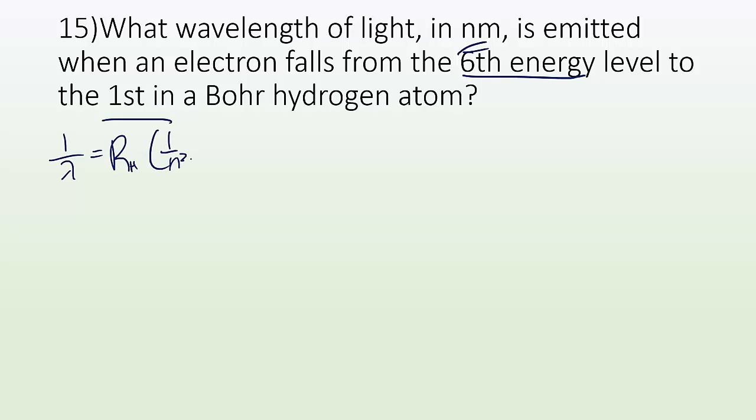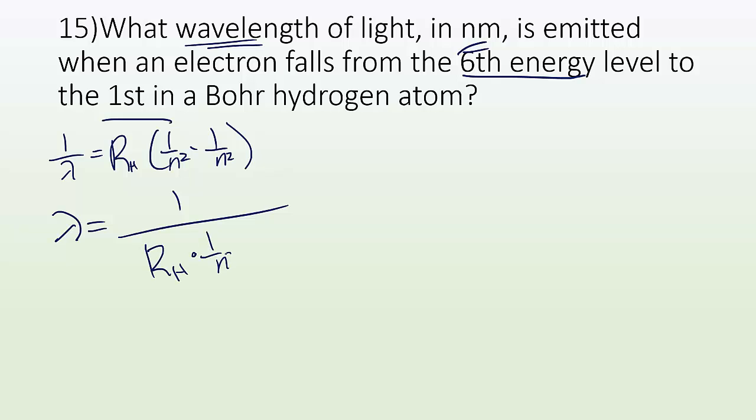I'm asked for the wavelength of light, so why don't I flip it so I get wavelength on top. Wavelength over 1 equals 1 divided by that whole other side, RH times (1 over n squared minus 1 over n squared).